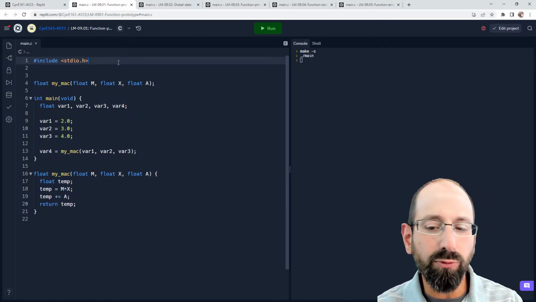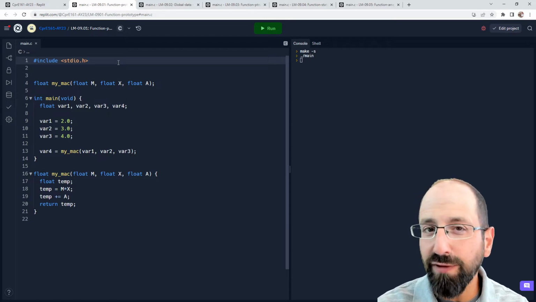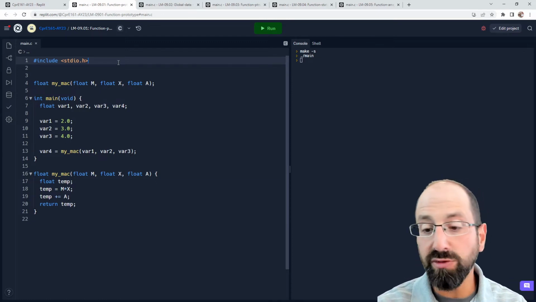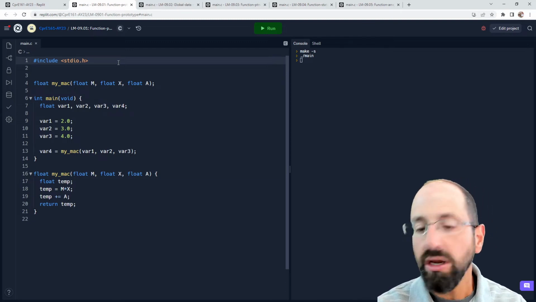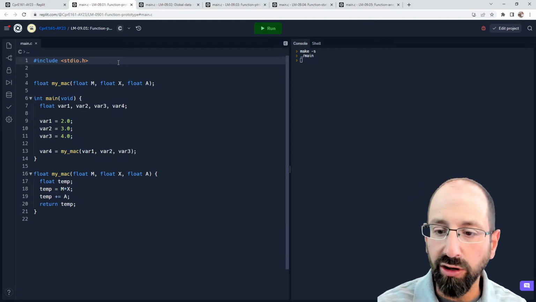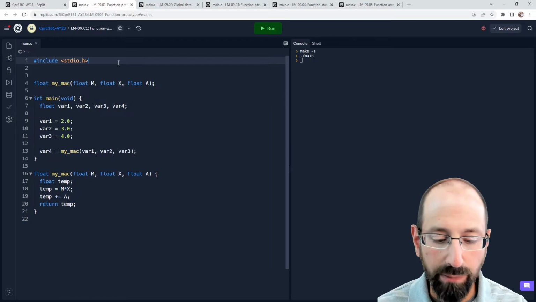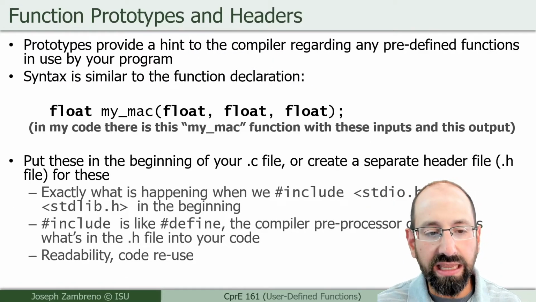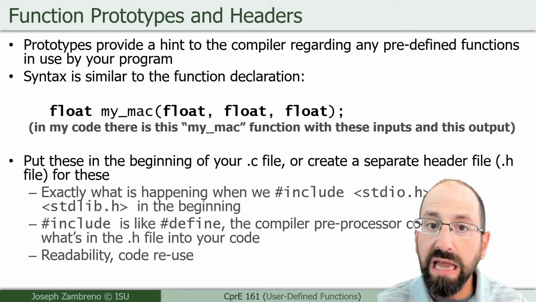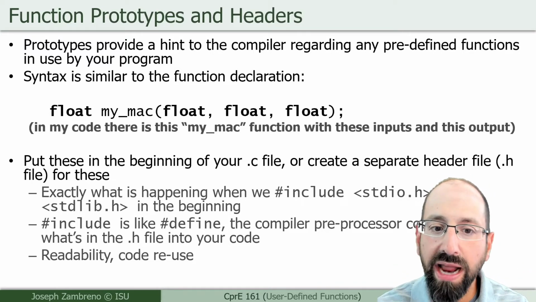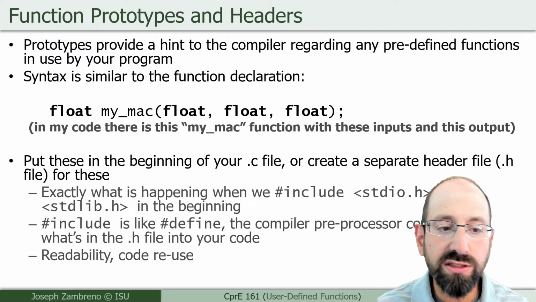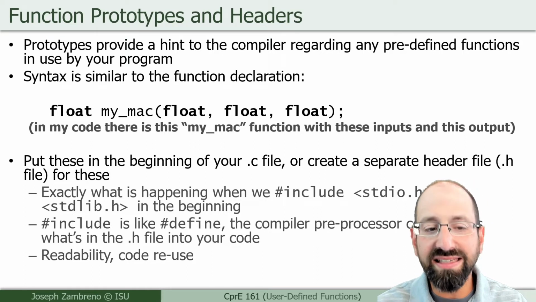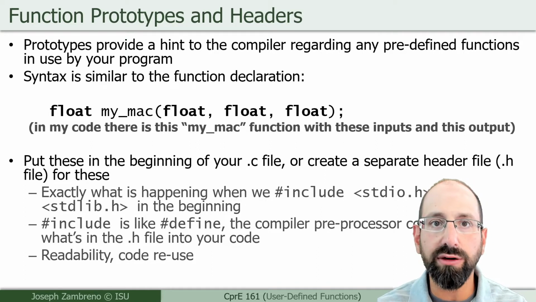There's a separate step where ultimately the linker has to find those, and we're not dealing a lot with linker issues this semester, but at least in terms of using standard C library functions or using your own user-defined functions, having that function prototype is a pretty good solution. And that's all that it's really saying here on this slide. So that prototype is here to provide that hint to the compiler regarding any predefined functions that could be in use, and the syntax is very similar to when we're actually declaring the function.